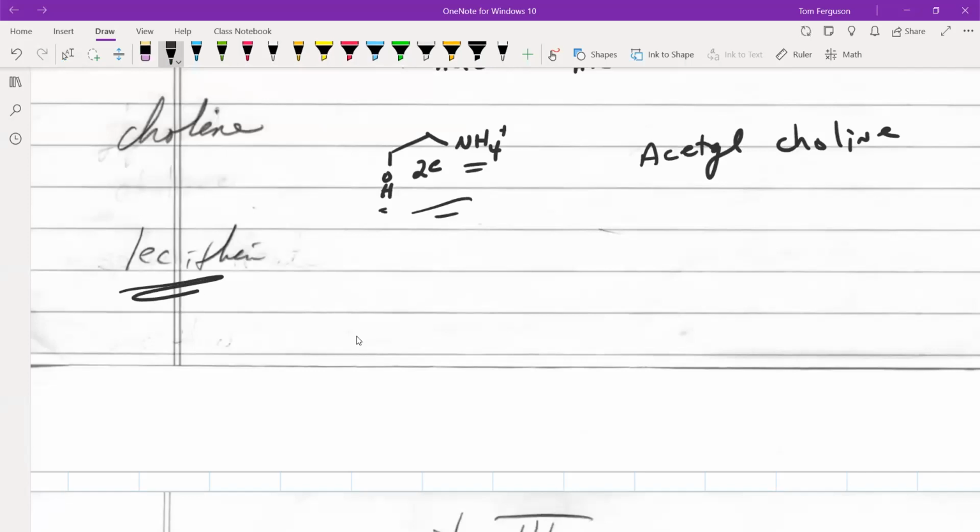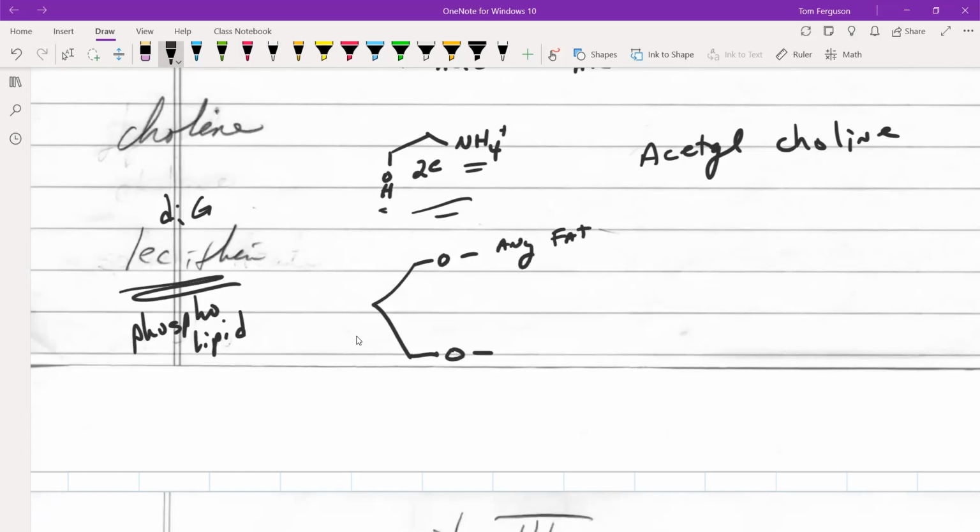A lecithin, phospholipid. It's also a triglyceride, but not a triglyceride, a diglyceride. And it has a phosphoric acid. Now these are any fatty acid.